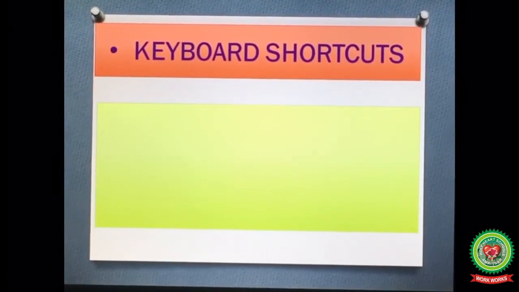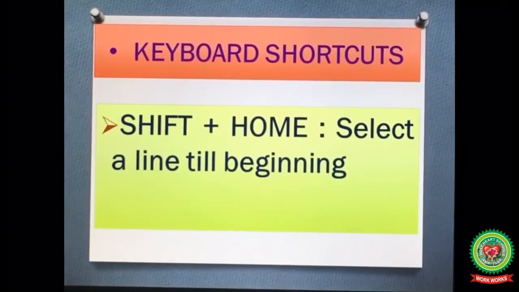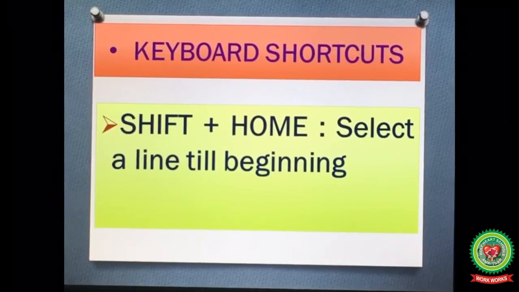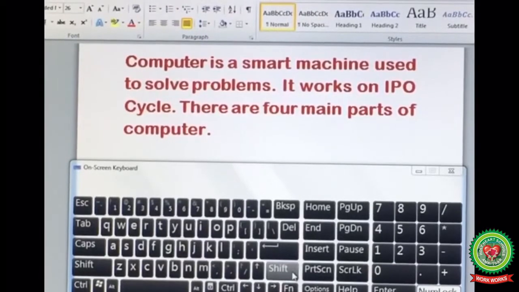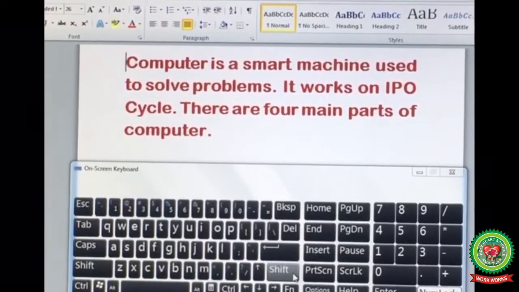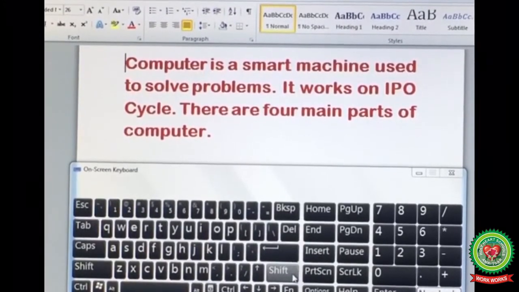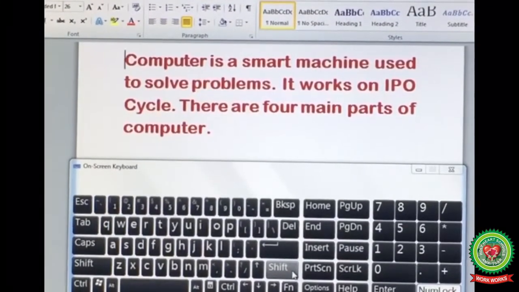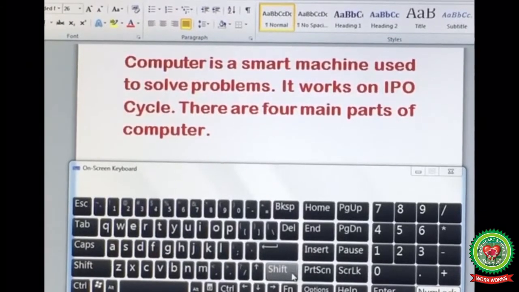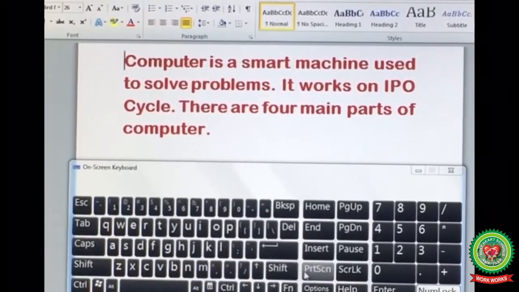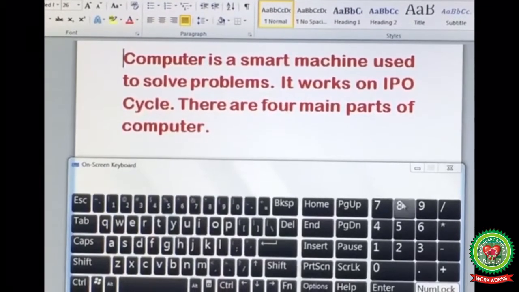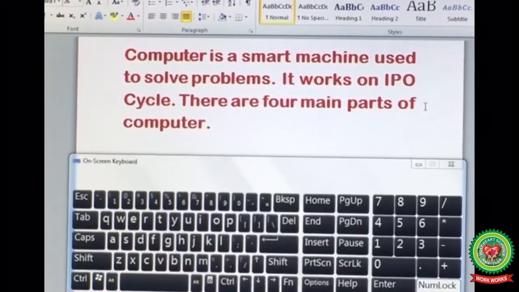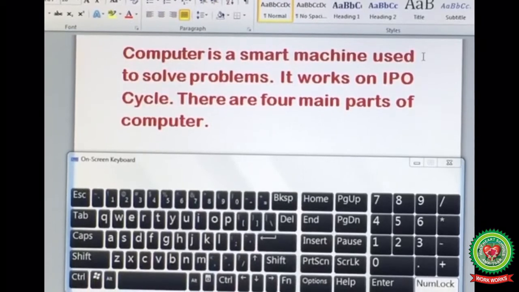Next keyboard shortcut is Shift plus Home. Now, using Shift plus Home key, I am going to select a line till the beginning. For this, place your cursor at the end of the line.